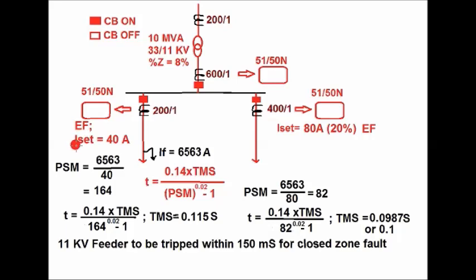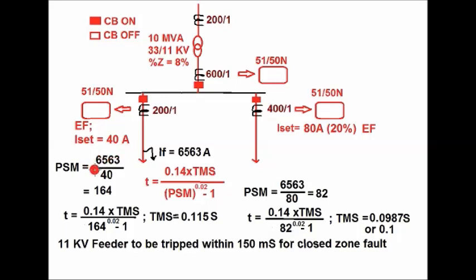The current set for this earth fault relay is 40 ampere, that is set at 20% of the secondary rated current rating. Here the CT ratio is 200 by 1. So I set is equal to 20% of 200 by 1, which is 40 ampere in terms of primary setting, or 0.2 ampere in terms of secondary setting.